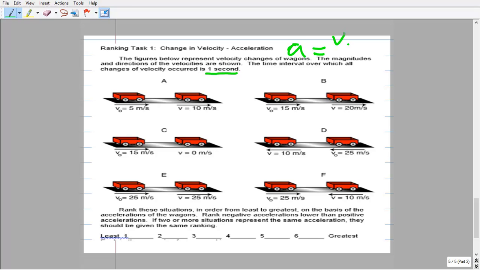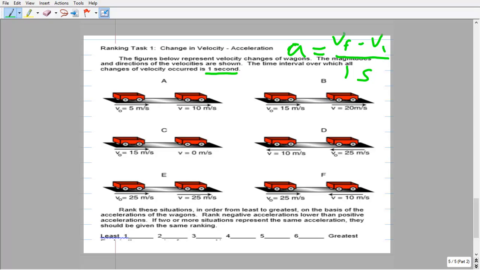We're actually going to write it final velocity, VF, minus VI or V0, whichever one you want, divided by the change in time. In this case, the change in time is 1 second. So this comes down to the change in velocity. The change in velocity is going to be equivalent to our acceleration because we're dividing by 1.